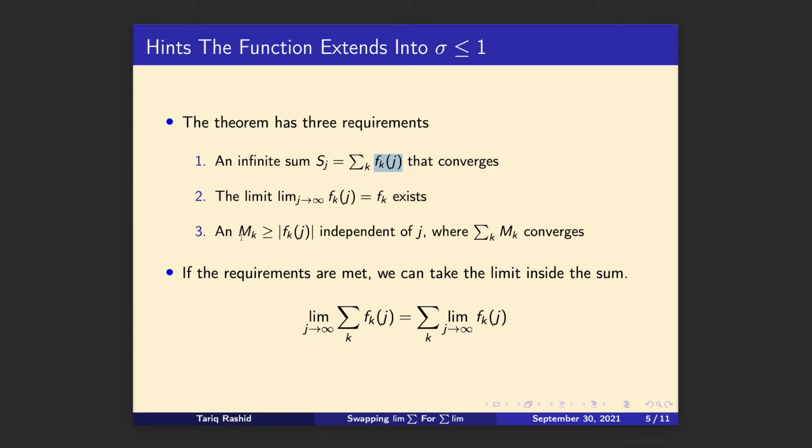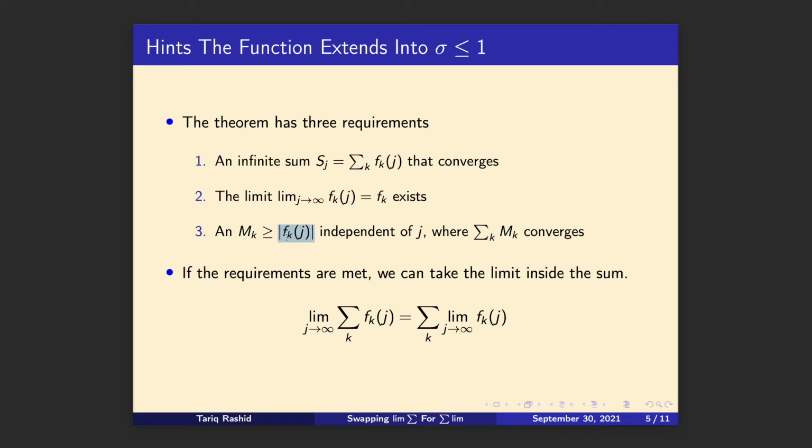So let's continue with the third requirement, and this says that the magnitude of this term f_kj is bounded by another function, let's call it M_k, which clearly has to be positive because we're taking the absolute value here.